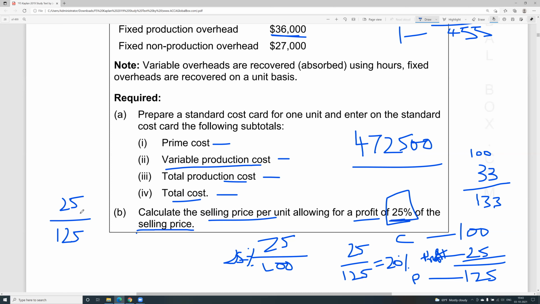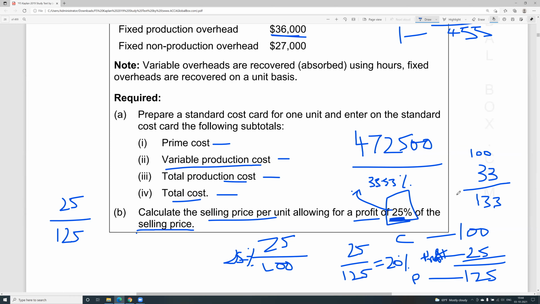Or let me explain that in another way. If the profit on sales value is 25%, then automatically the profit on cost price is 33.33 percent.